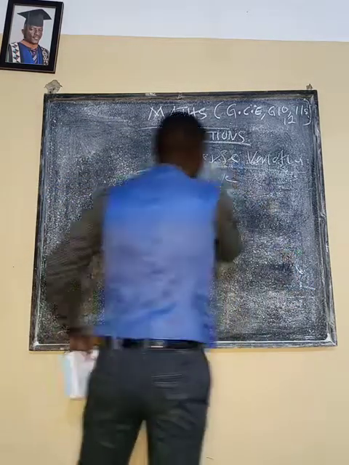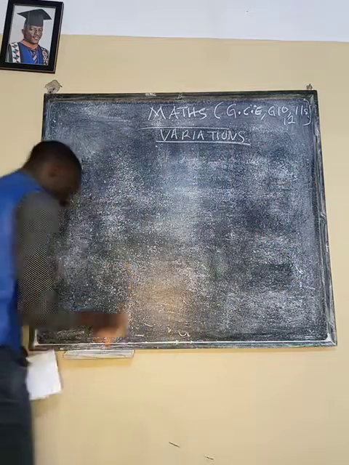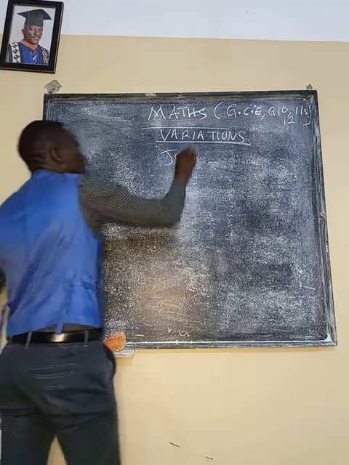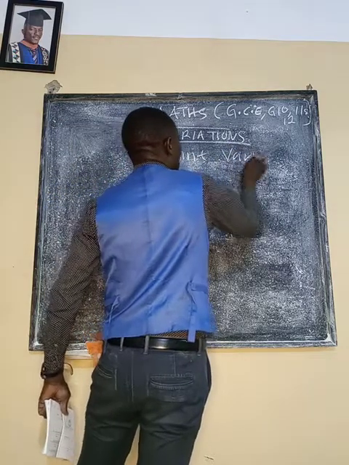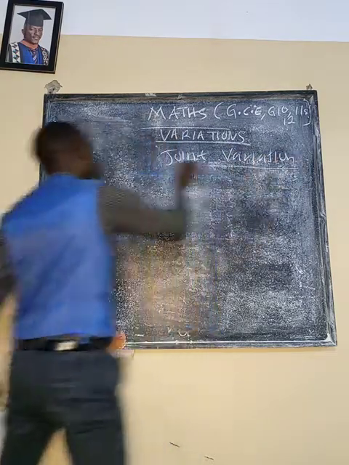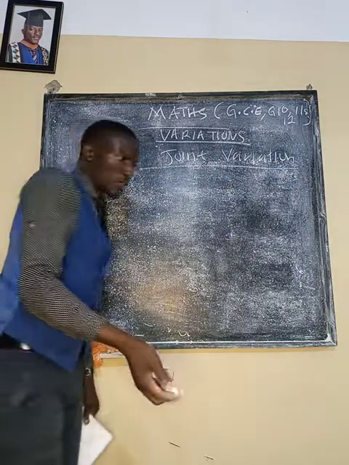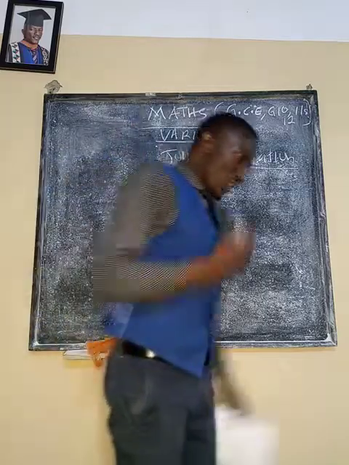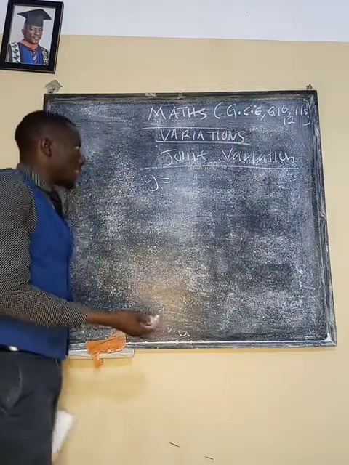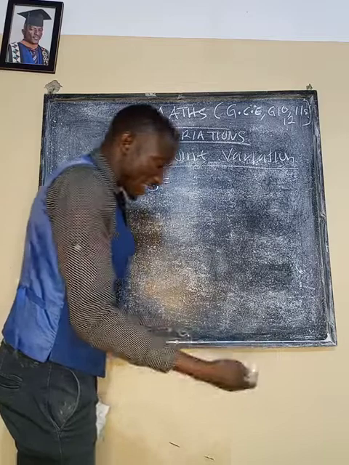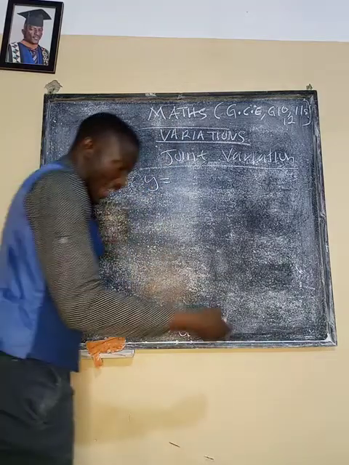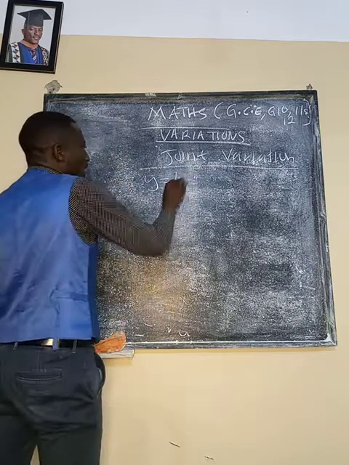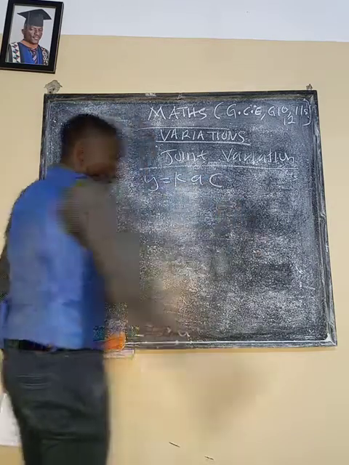Sometimes you can have what we call joint variation. So inverse is about my equations. Joint variation is where you've got 2 or more variables. They can say y varies directly as x and a, so that means it will have k, a, c, something like that.